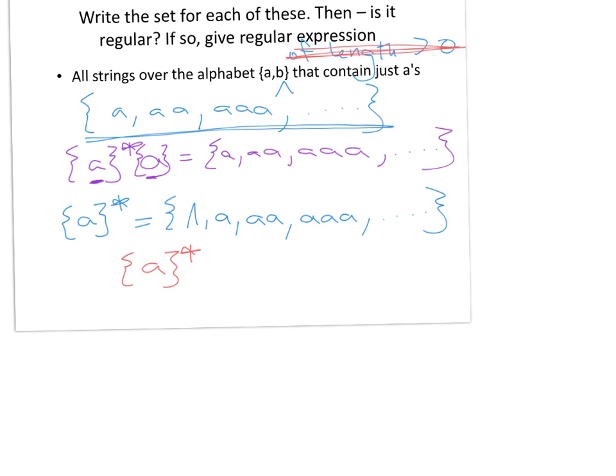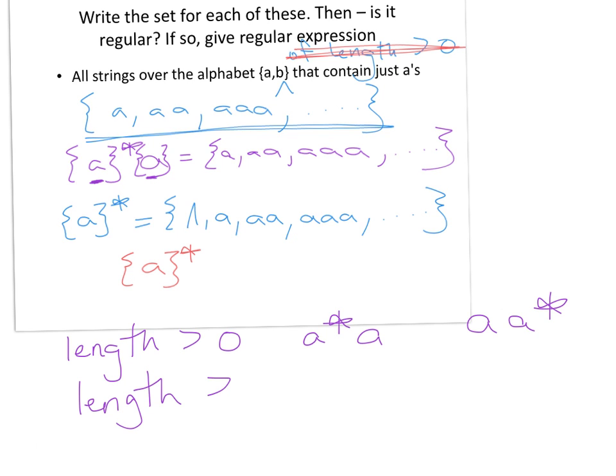The regular expression, if we want to insist that the length is greater than 0, would just be A star A. Or we could also write AA star, same thing, generates the same language. And if we say it can be of any length, then we would just say A star is our regular expression.